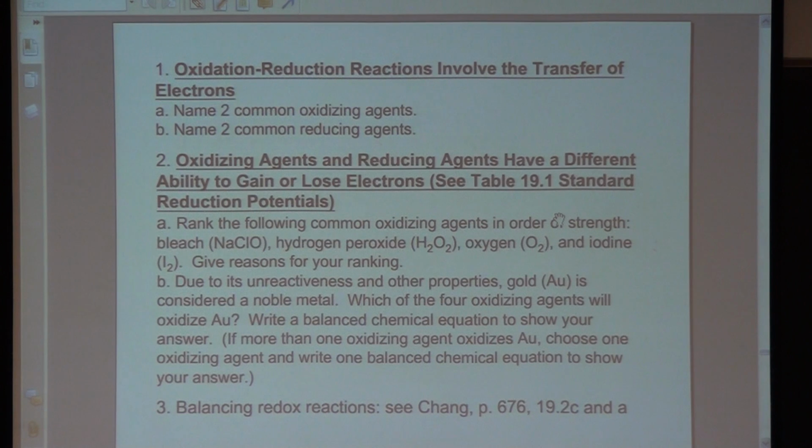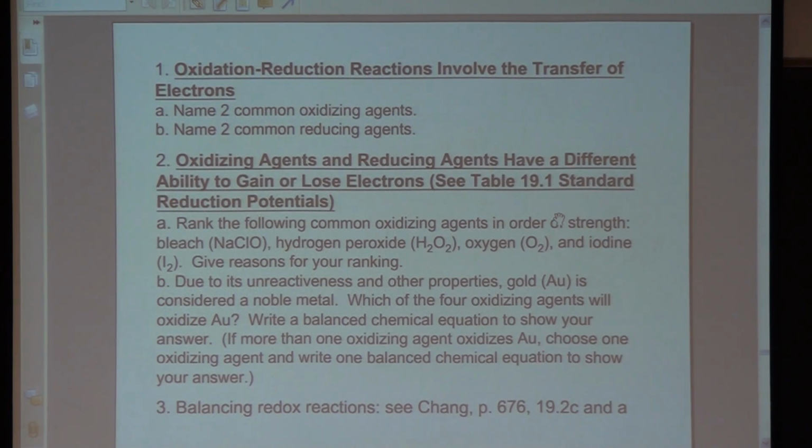Cobalt metal or cobalt ion? Cobalt metal or cobalt ion is an oxidizing agent? Yeah, cobalt ion is an oxidizing agent. Is that a common one though?